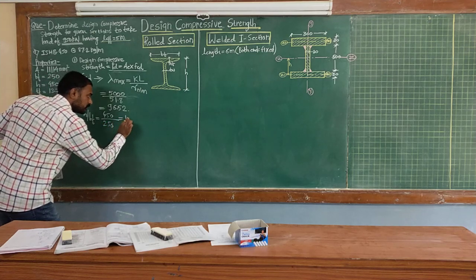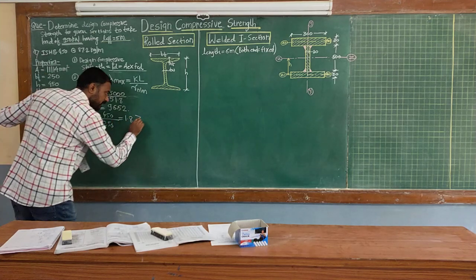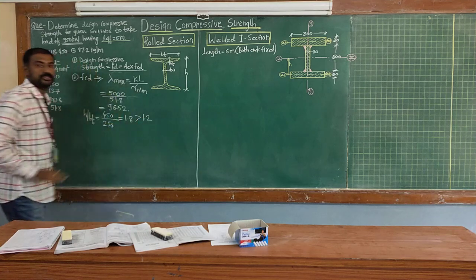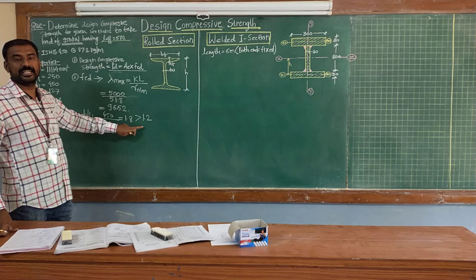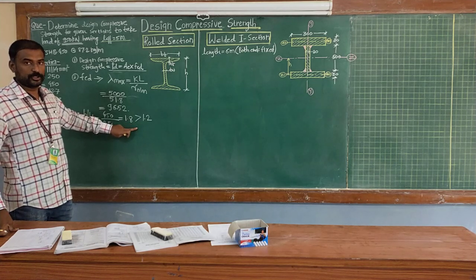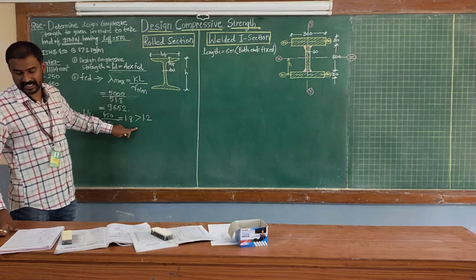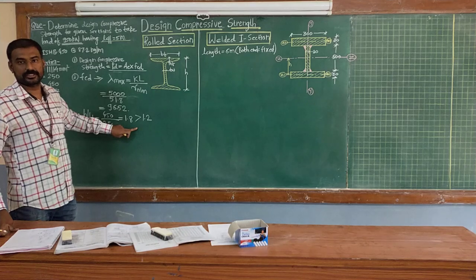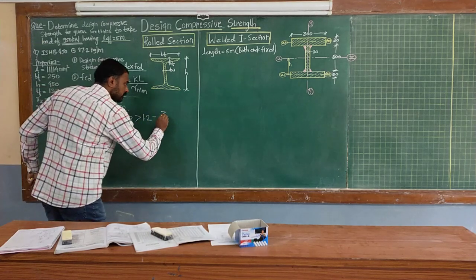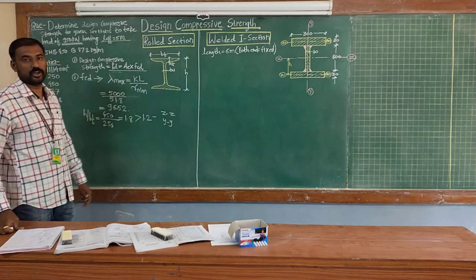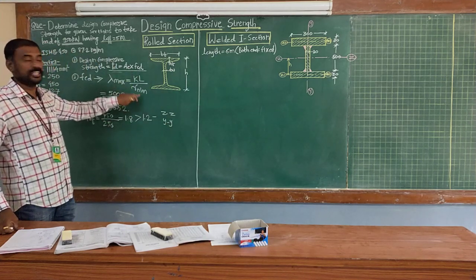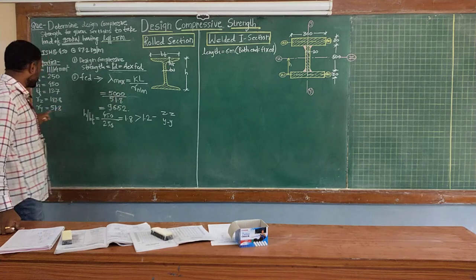So this value is equal to 1.8 and this given value is greater than 1.2. Correct? So according to table number 10, if your ratio is greater than 1.2, two classes are classified, and those classes are for Z and Y axis. Correct? So two axes they are mentioning, Z axis and Y axis. Already as per our calculation we are getting minimum radius of gyration for Y side.